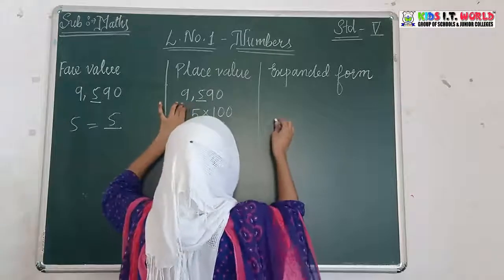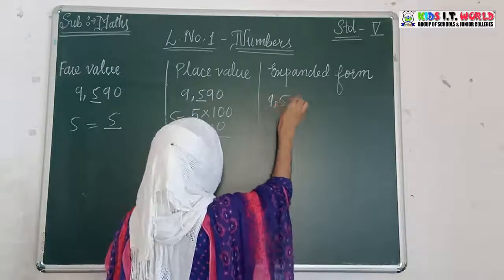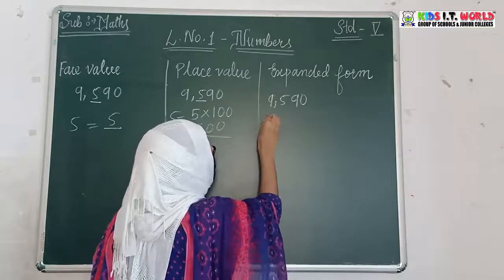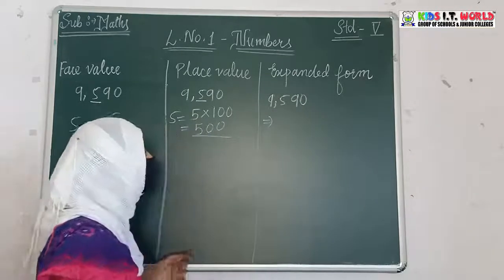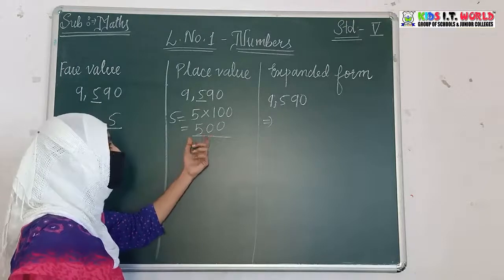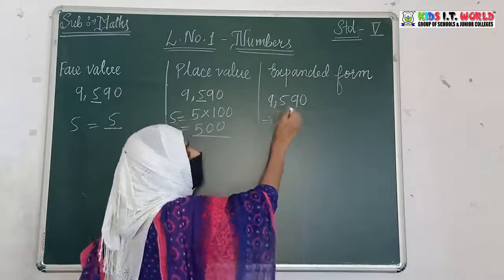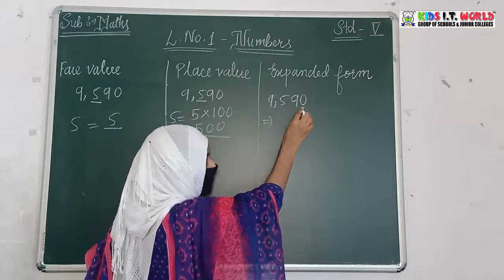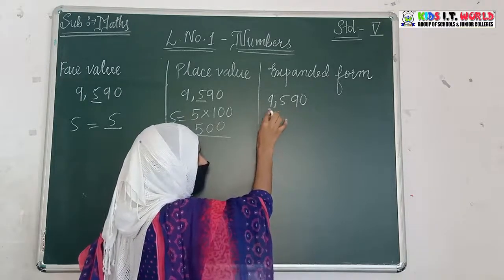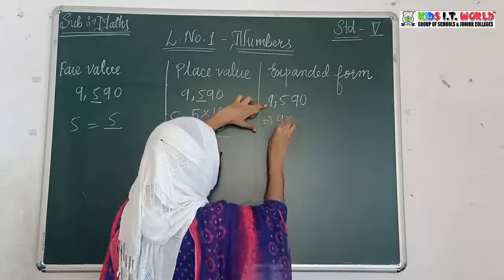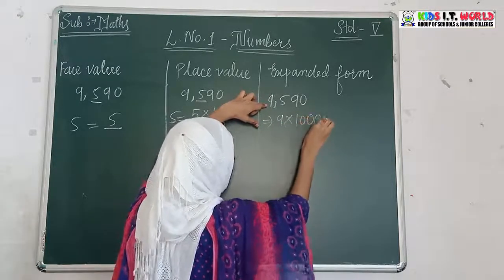Now we will take the same example for the expanded form. 9,590. Now you have to write the expanded form of this number. Same as you are finding the place value, in this way you have to find the expanded form. Count out the number from the place values again ones, tens, hundred, thousands. Means 9 is on the place of 1000. So you will multiply 9 by 1000.